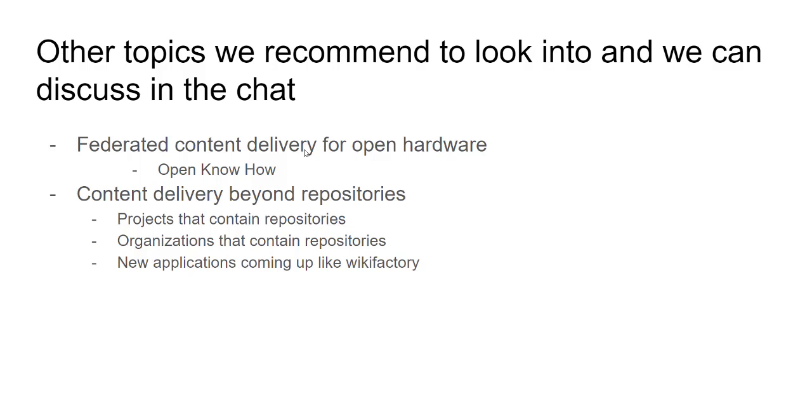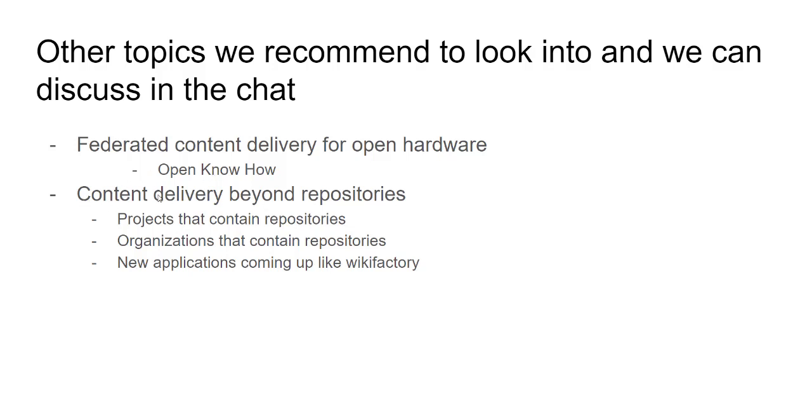So I wanted to mention the Open Know-How specification, which is a way to make your hardware more accessible. It's a work in progress, but very interesting. They are providing a way of linking and referencing different open hardware projects and making them findable. Maybe it's good to talk in more specificity in the chat about it.